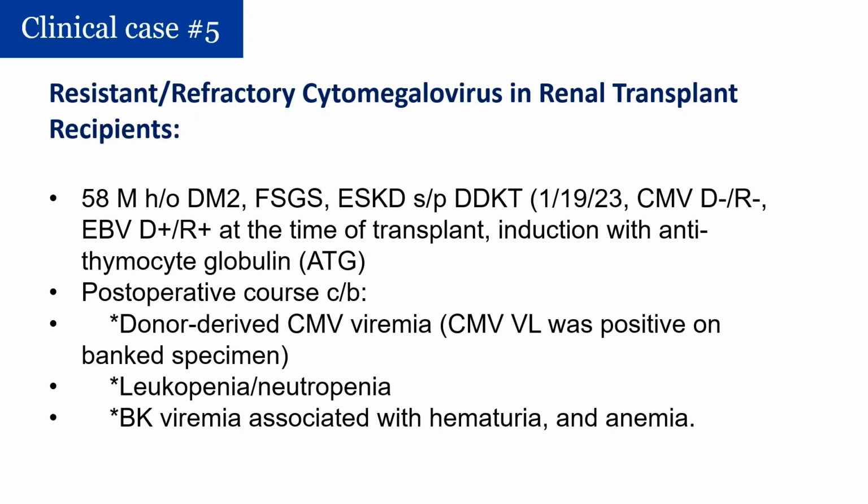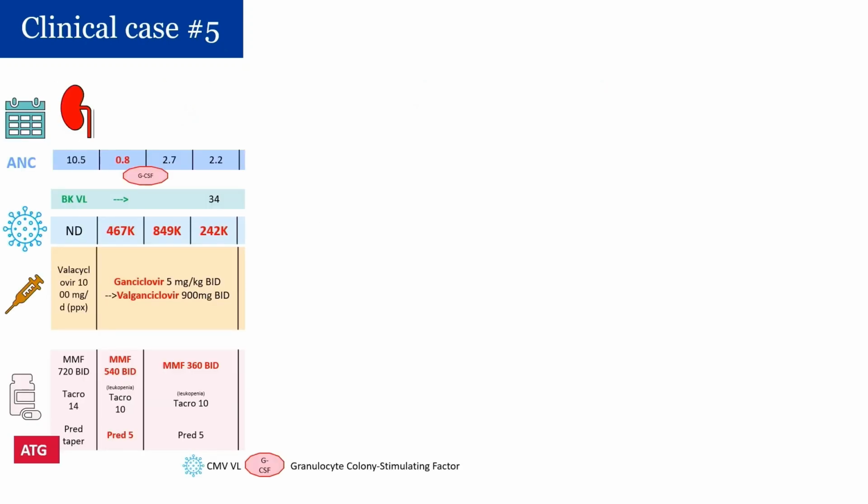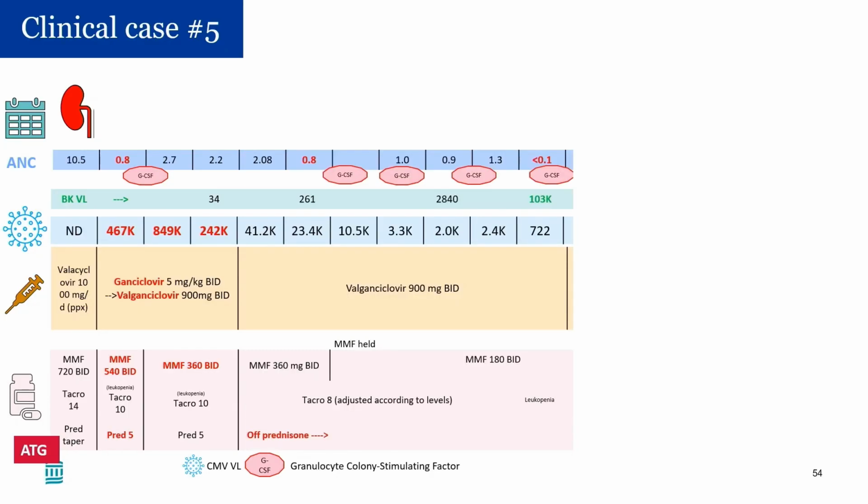Patient also had BK viremia. So overall, I won't go into all the details due to timing of the case, but the patient had a very high viral load, which is seen in blue. And then you see also the BK, and you see the ANC, and then in yellow, the treatment, and then below, the immunosuppression. So this was a patient that got an ATG for induction.